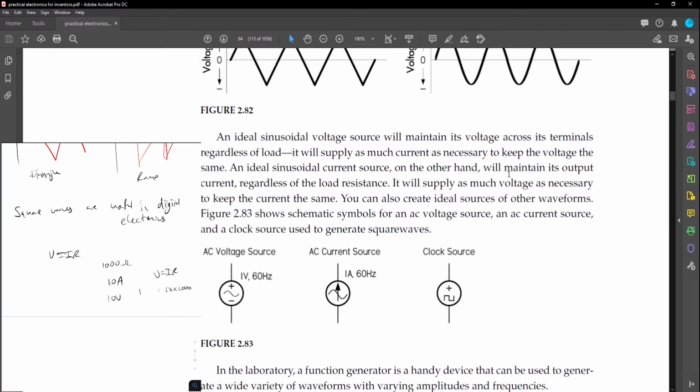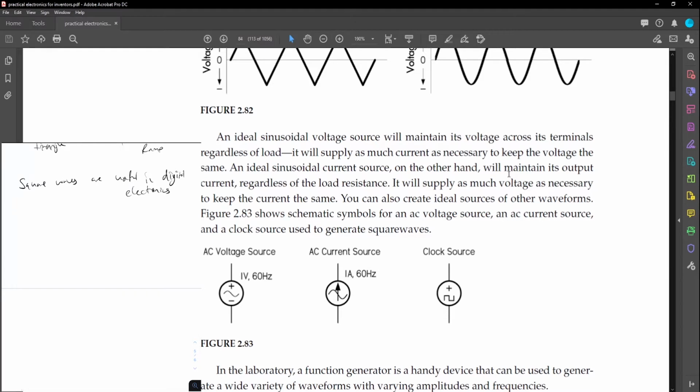This isn't going to work. Let's change it, let's use 1 amp. So 1 times 1000 would be 1000 volts. I don't even know what I'm trying to do here. Okay, let's scrap this. Clearly I don't properly understand, but I kind of get it.